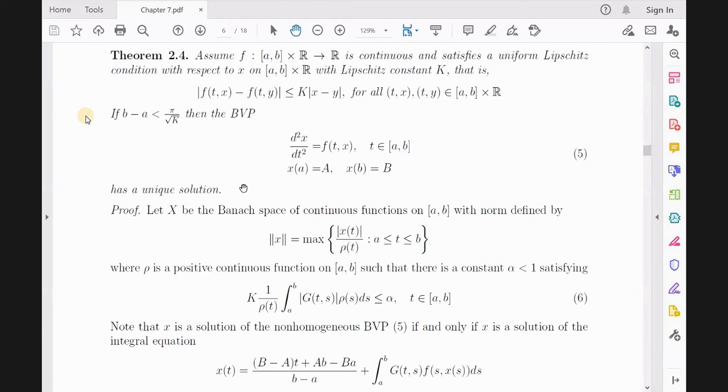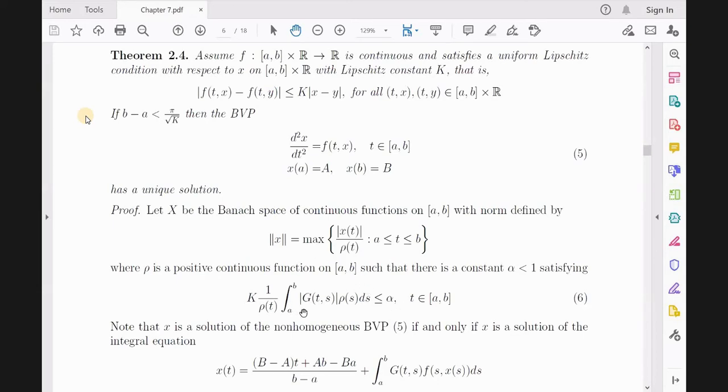Well, see the proof of this theorem. Consider X, a Banach space of continuous functions over [a,b] with norm defined as the norm of x is the maximum of |x(t)| over rho of t, where t varies from a to b, and rho is a positive continuous function defined on [a,b] such that there is some constant alpha less than 1 satisfying K into 1 over rho of t integral from a to b of |g(t,s)| rho(s) ds is less than or equal to alpha for t belonging to [a,b].